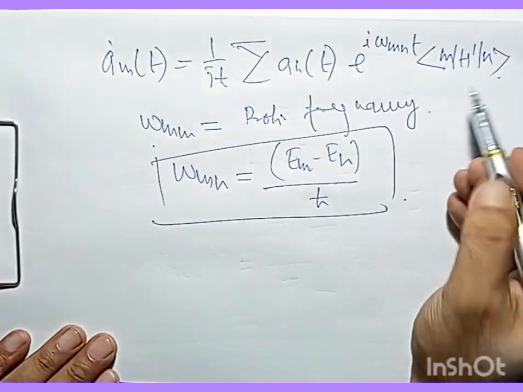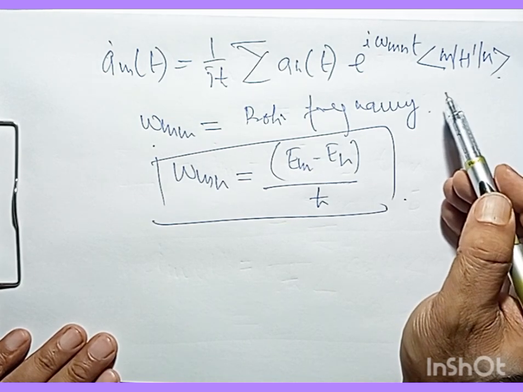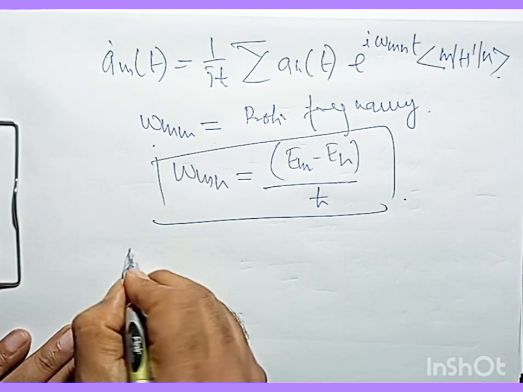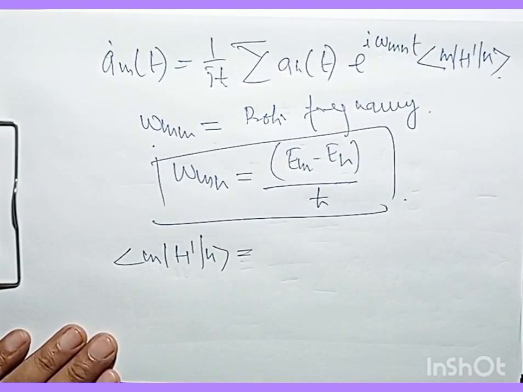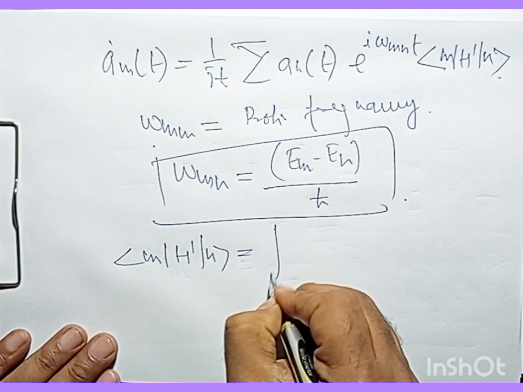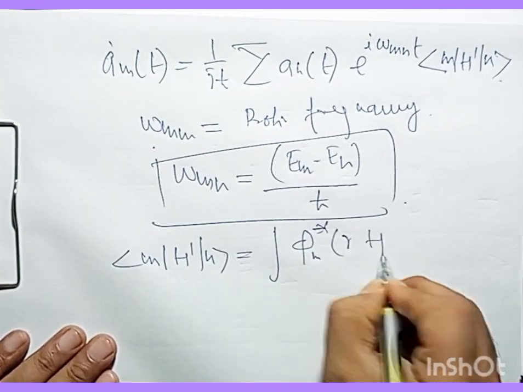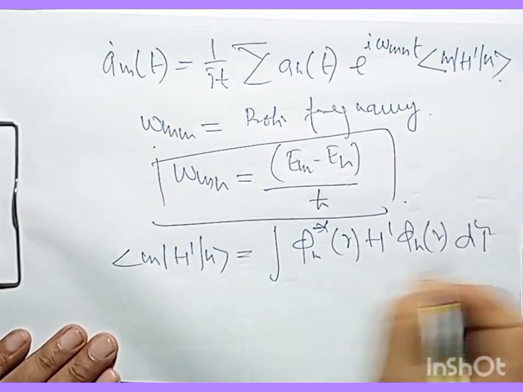And this matrix element is already defined. We can write it down if you are interested. This matrix element m h dash n is nothing but the integral phi m star of r h dash phi n of r and theta.